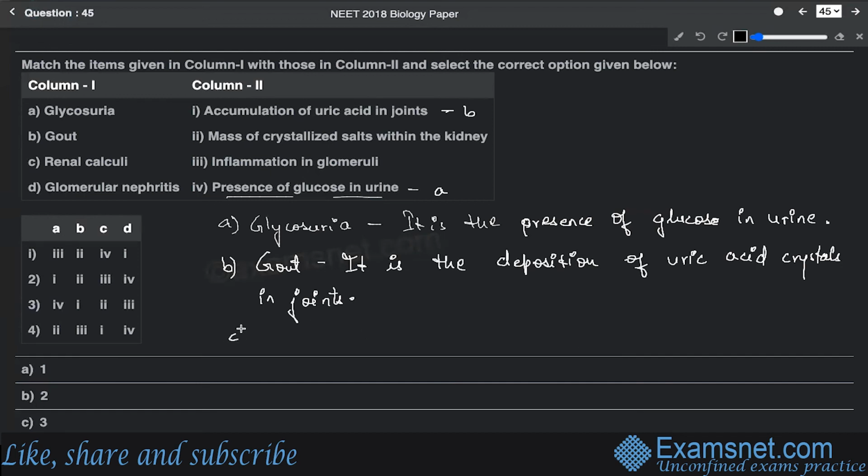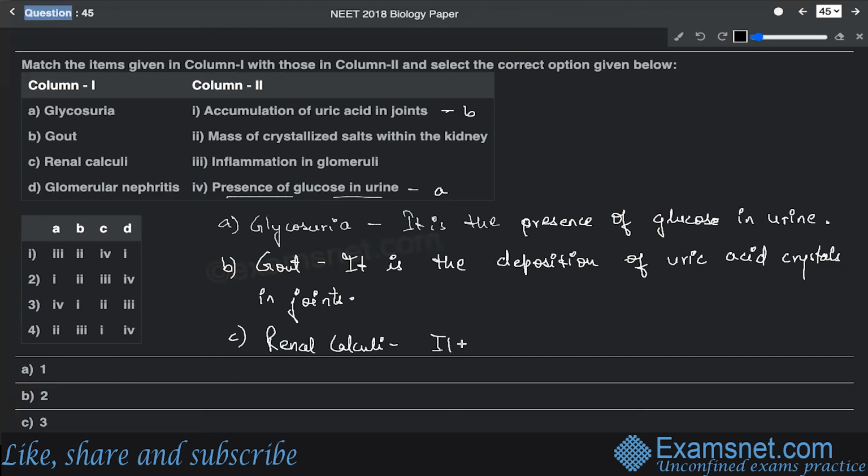All right. Then the third is renal calculi. Now, renal calculi is basically a process in which there is precipitation of calcium phosphate that is produced in the pelvis of the kidney. So all the masses, or you can say all the crystallized salts, usually present in the form of calcium phosphate, are deposited within the kidney.